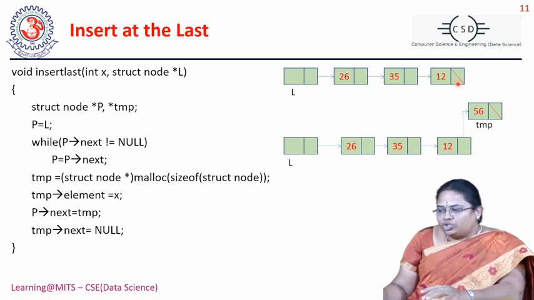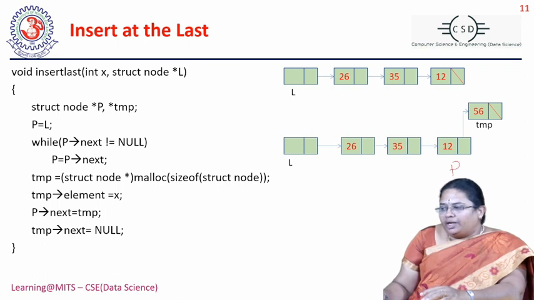This is the position P. So from here we have to attach the new node. We create a new node in the name of temp, and we store temp element equal to x.